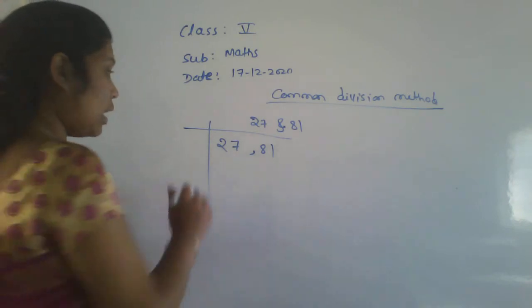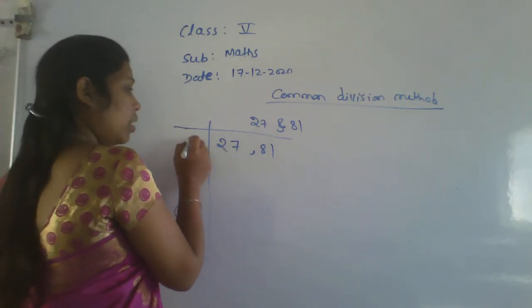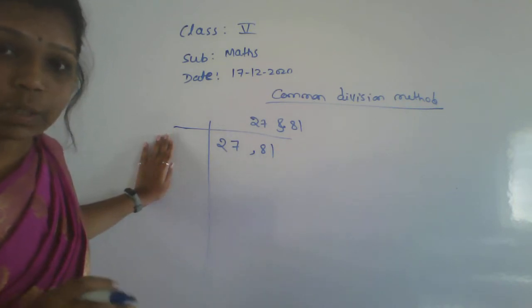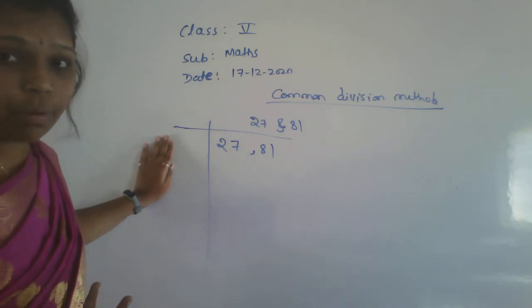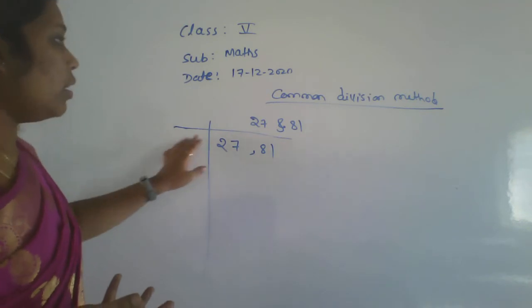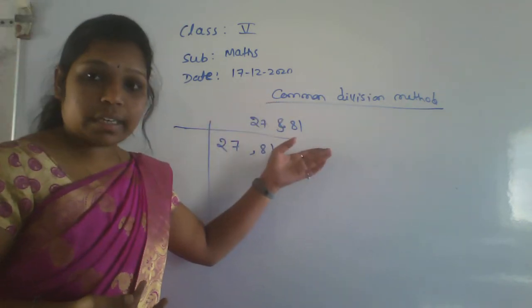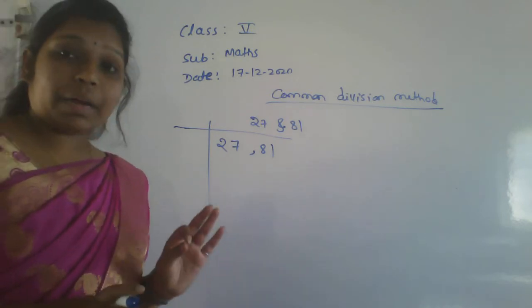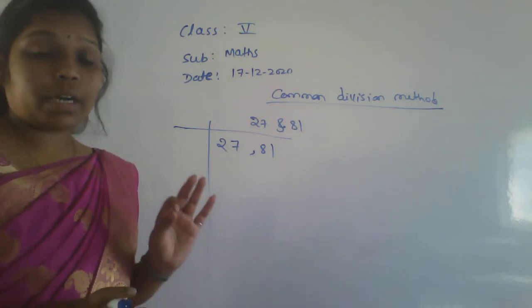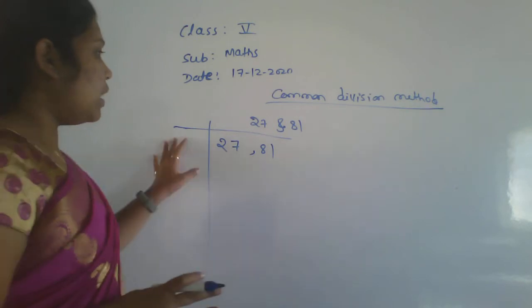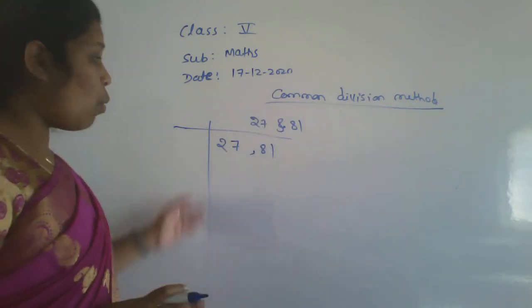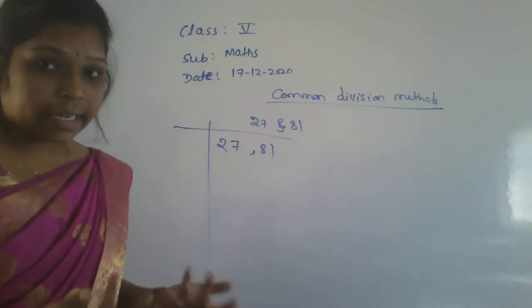There is no need to take only prime numbers; you can take other numbers also. It's your wish. Only in the prime factorization method do we have to take prime numbers. Here, you can take any numbers.